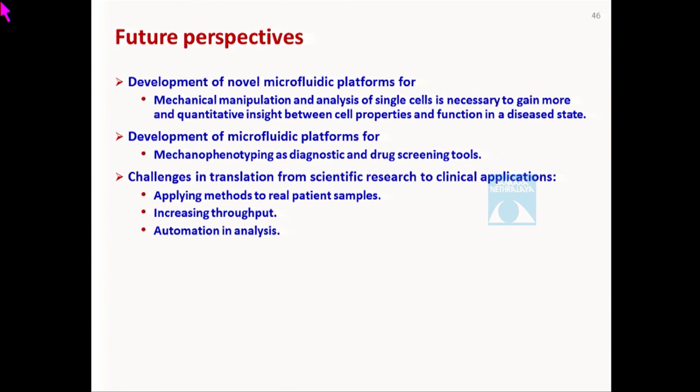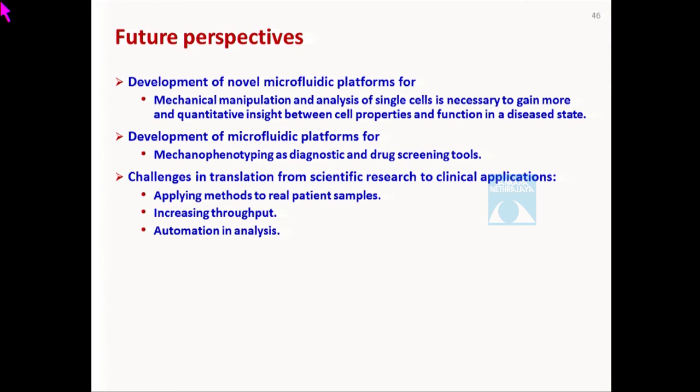So that is one area where one can work on. And we need to develop a microfluidic platform for mechanophenotyping as a diagnostic and drug screening tool. Let's say you have a cell and you treat with some drug and you want to know the effect. Or you want to screen for some disease, so you can use this platform for diagnostic purposes.